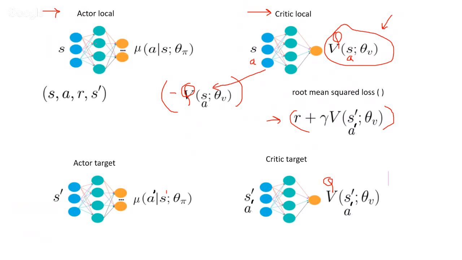So we update or train our local actor network such that it will maximize this new updated action value of the state-action pair S, A. So that's the process of updating our actor and critic local networks: we first update the critic local and then use that to update our actor local such that it maximizes the action value given out by the updated critic local network.